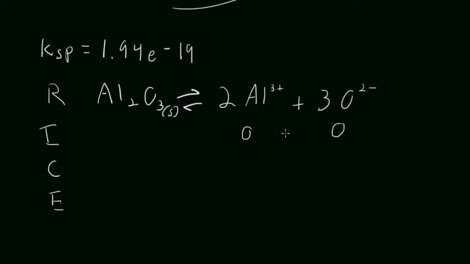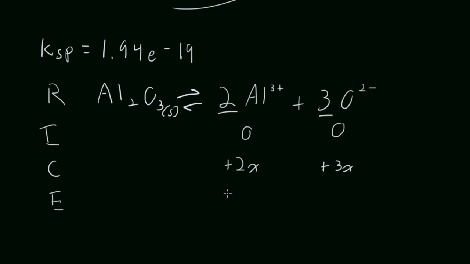We're not going to deal with anything too complex where we have anything above 0, but we want to practice doing this rice table because it'll really come in handy, especially in college level chemistry. My change here will be a plus 2x, 2 because of my stoichiometric ratio. And then my change for my oxygen will be plus 3x, 3 for my stoichiometric ratio.